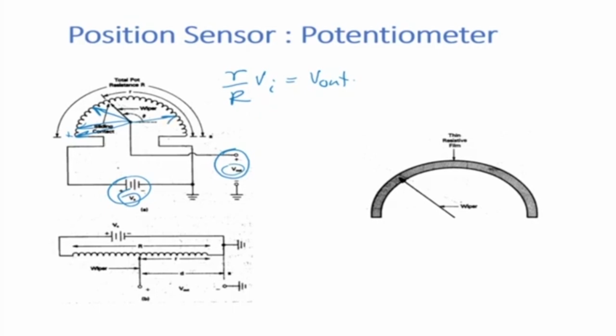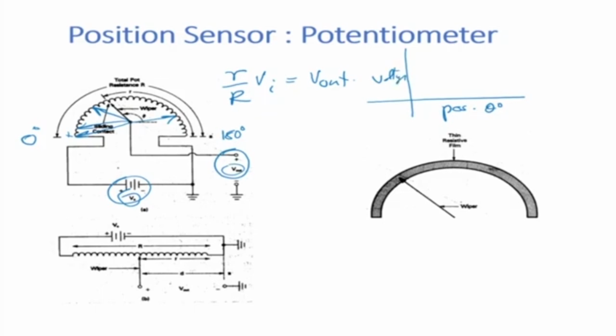If you calibrate the position, say at one end it is 0 degrees and at the other end it is 180 degrees, then I can plot position theta in degrees versus voltage V in volts.